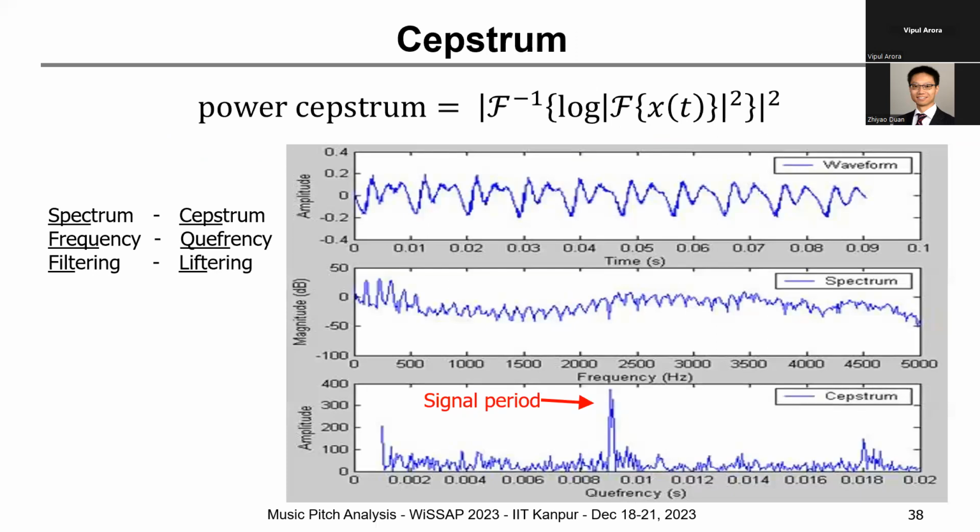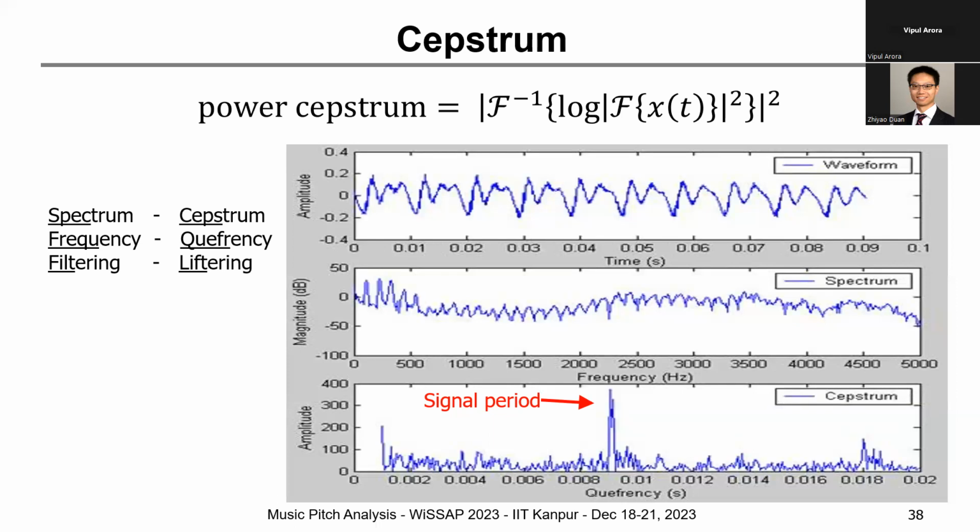So this is the time domain signal. We can see it's periodic. And the period is roughly, I don't know, this is 0.01 second, right? If we look at the spectrum of the signal, we can see the fundamental frequency is roughly here, 100 Hertz.